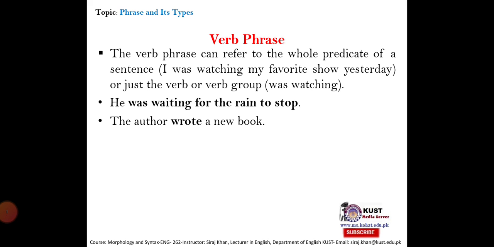Sometimes we can also create verb phrases without helping verbs, like the author wrote a new book. So these sentences can only be said in present or past verb tenses. For example, the author wrote a new book, or I made an A in this class, or the dog eats the cake, or he walked to work today, or they married after college.